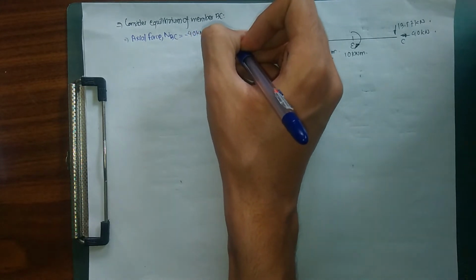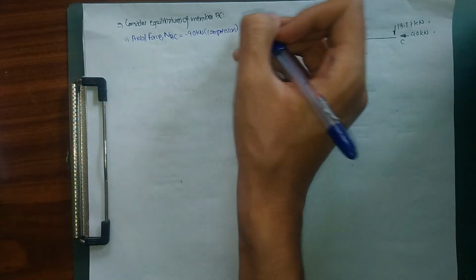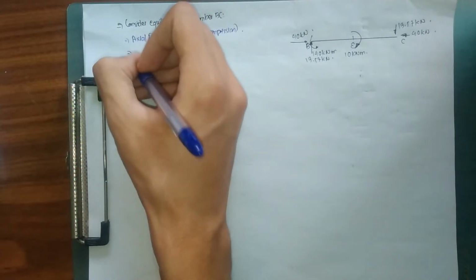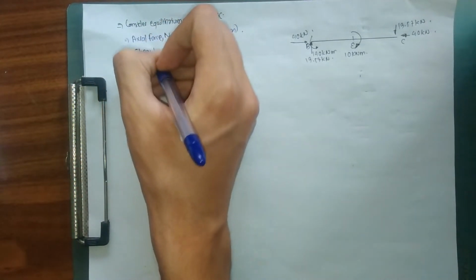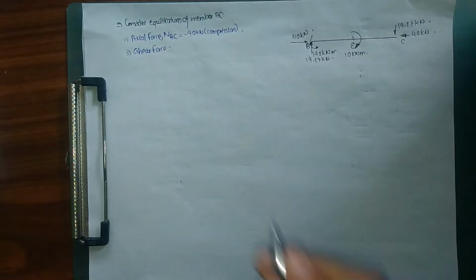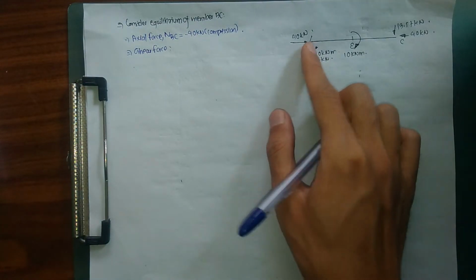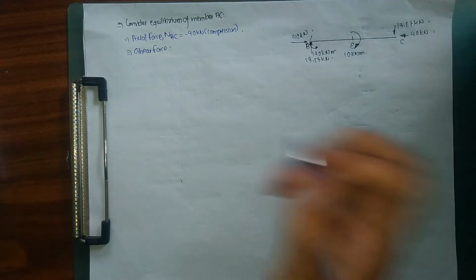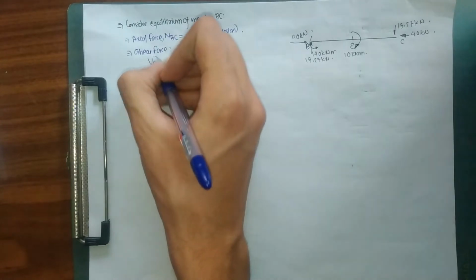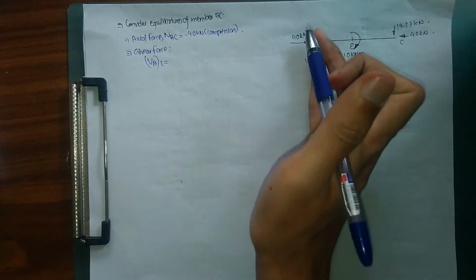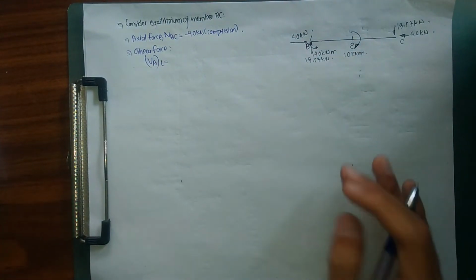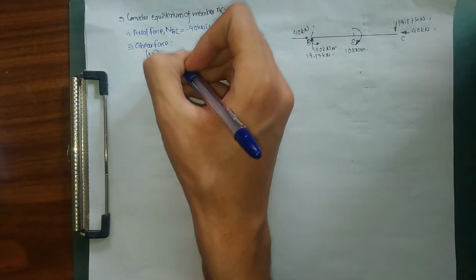Next we are going to calculate our shear forces. Right now we are moving from left to right, from member B to C, and moving from left to right, I'm going to take VBL. As you can see here, at left of B there are no forces, so VBL is going to be equal to 0 kilonewton.